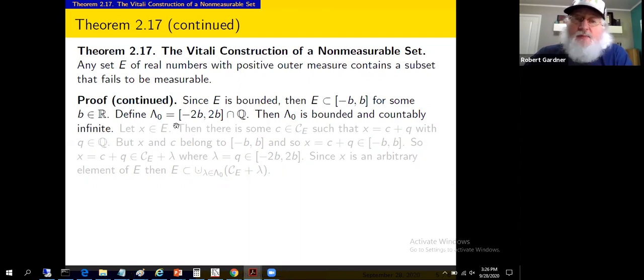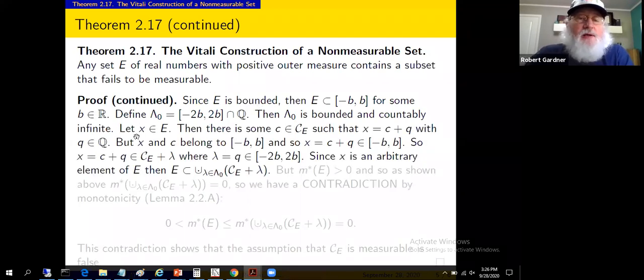That's a countably infinite bounded collection, actually of rational numbers, so we're good. What we had stated above held for any such set, and here's a specific one. Lambda sub 0 is bounded, there's the bounds right there. It's countably infinite because there are so many rational numbers in an interval.